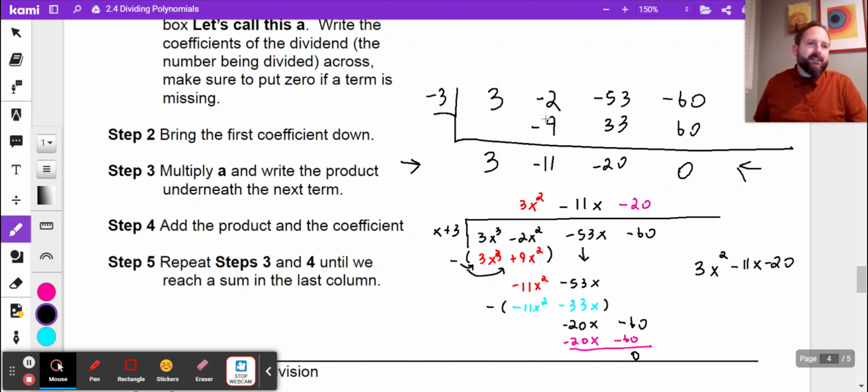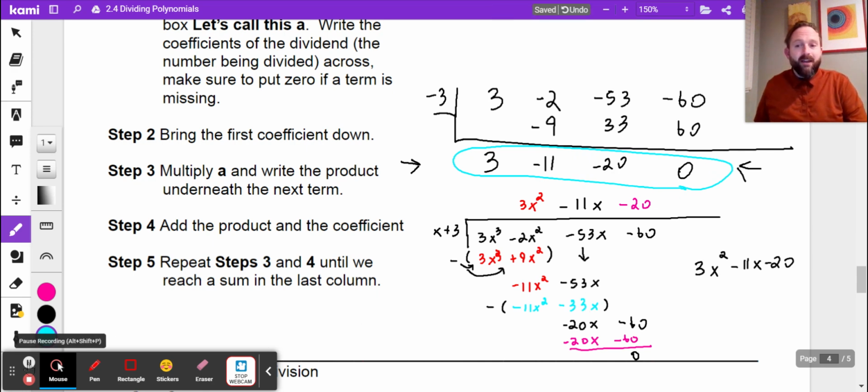So this synthetic division right here saves us some time and all this work. We just have to understand, what are we figuring out here? So I'm going to circle it in blue. We are figuring out our coefficients. So I'm going to erase this long division, and then we're going to rewrite it.